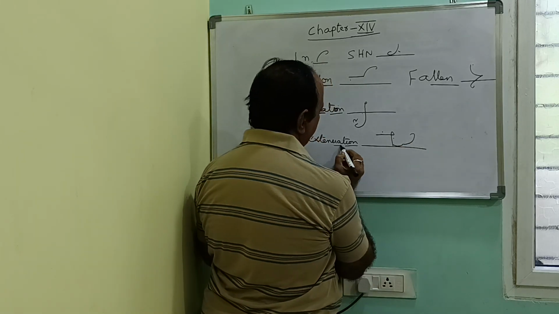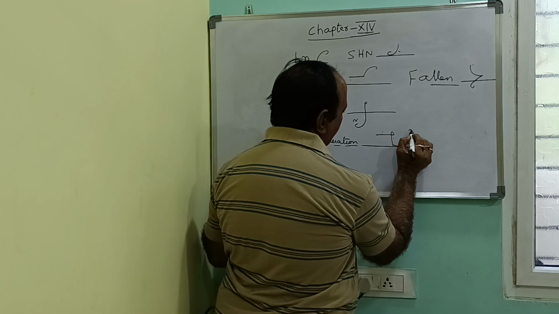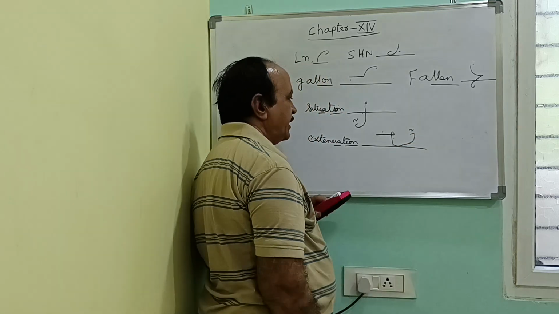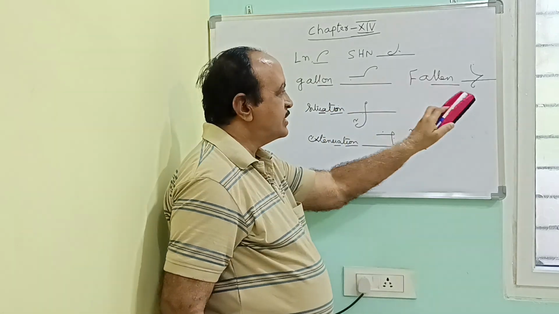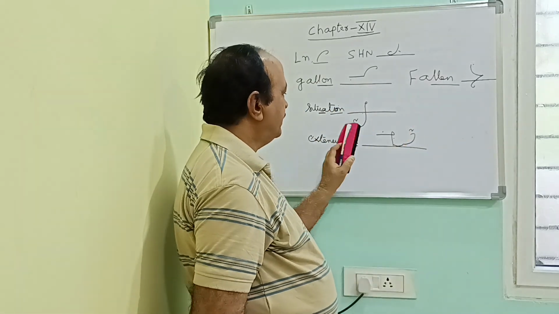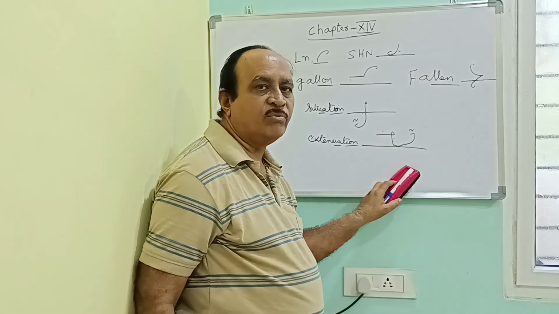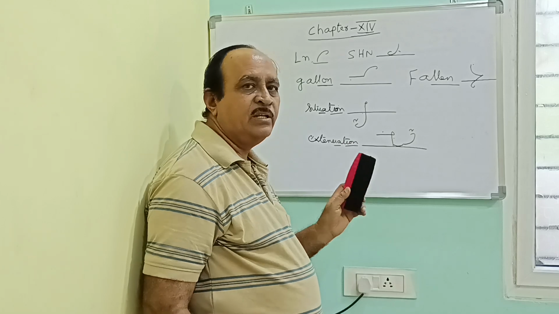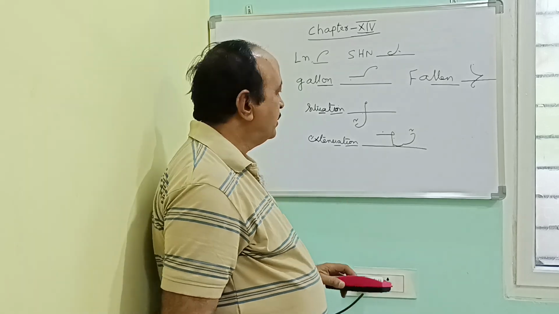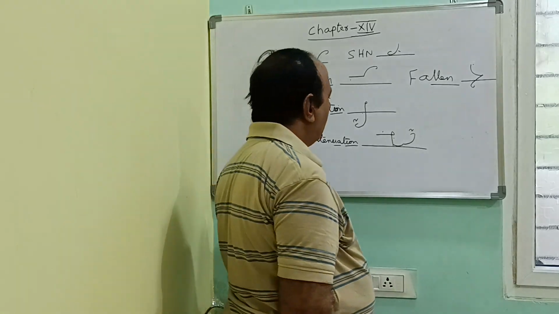Extenuation. Before shun there is U and A, U diphthong as well as a vowel, triphone I am putting here. Like this, len I am writing in upward as well as downward form. Shun I am writing in the downward form as well as in the upward form. For the easy joining purpose, whichever form is easier, in that way we are using it here. This is about len and shun.